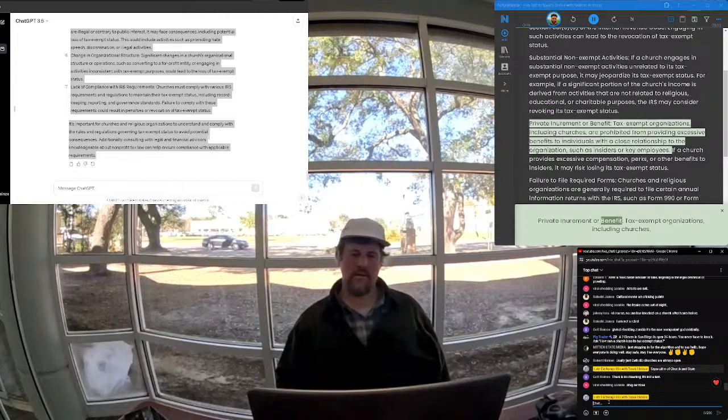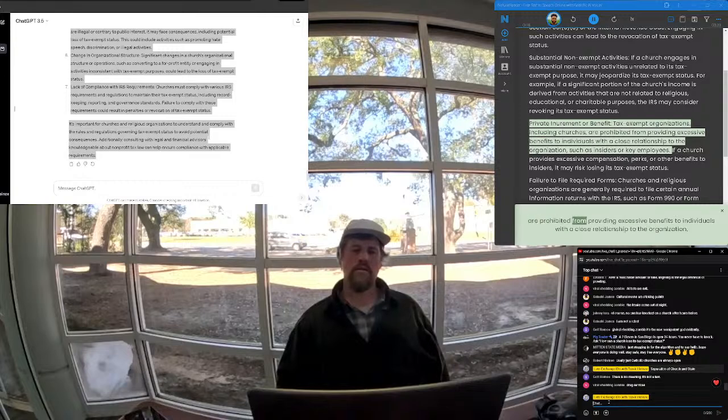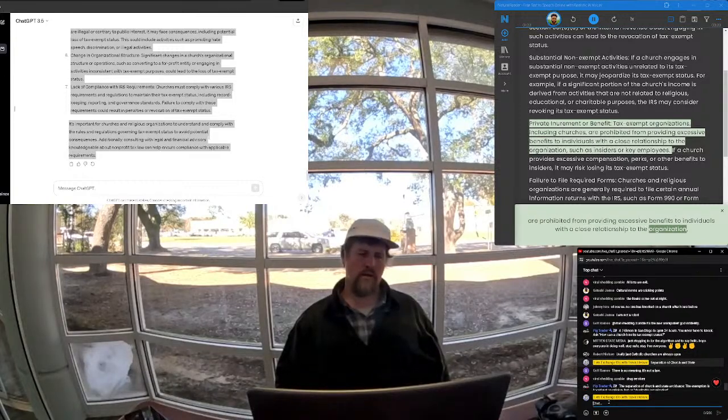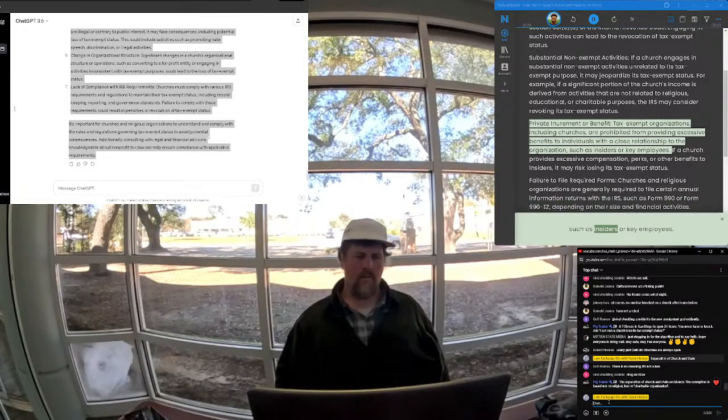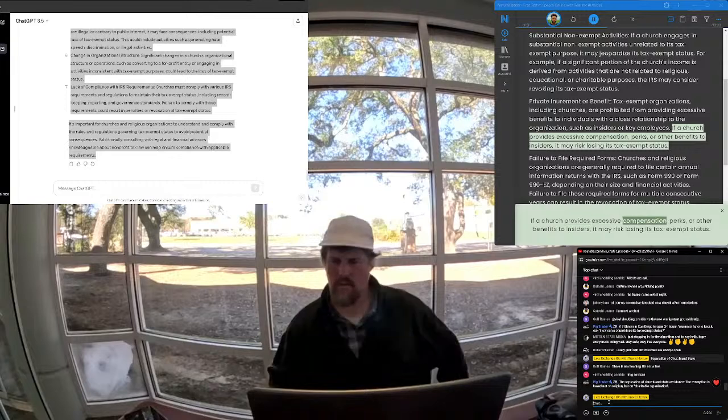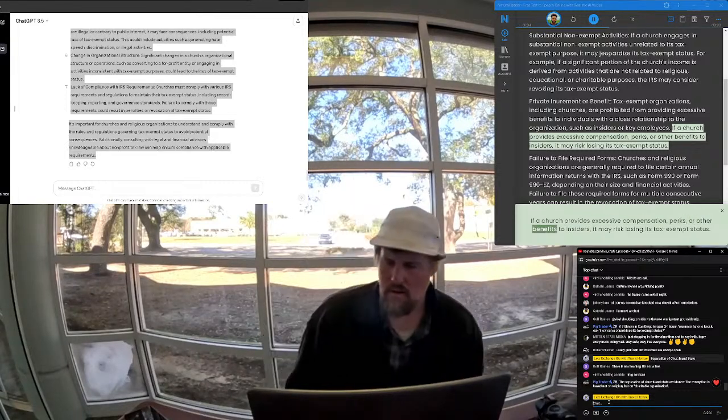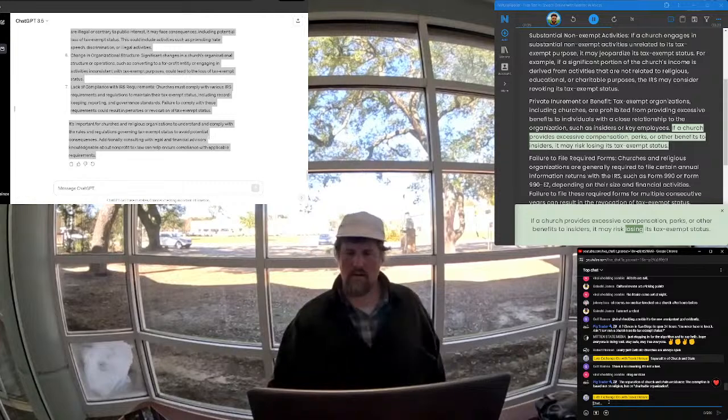Private inurement or benefit. Tax-exempt organizations, including churches, are prohibited from providing excessive benefits to individuals with a close relationship to the organization, such as insiders or key employees. If a church provides excessive compensation, perks, or other benefits to insiders, it may risk losing its tax-exempt status.